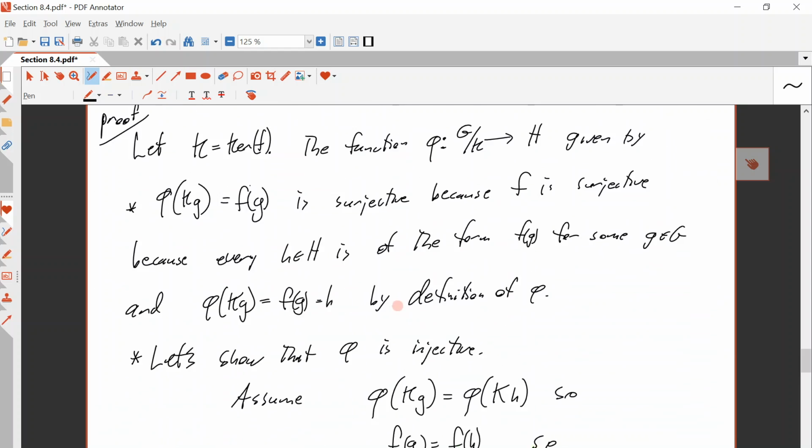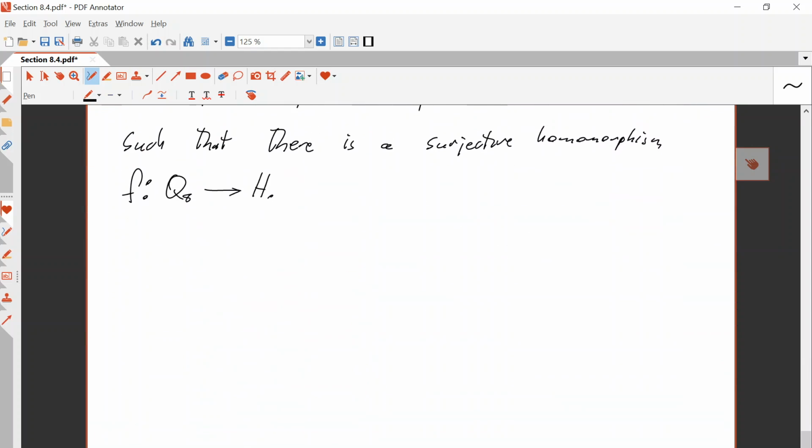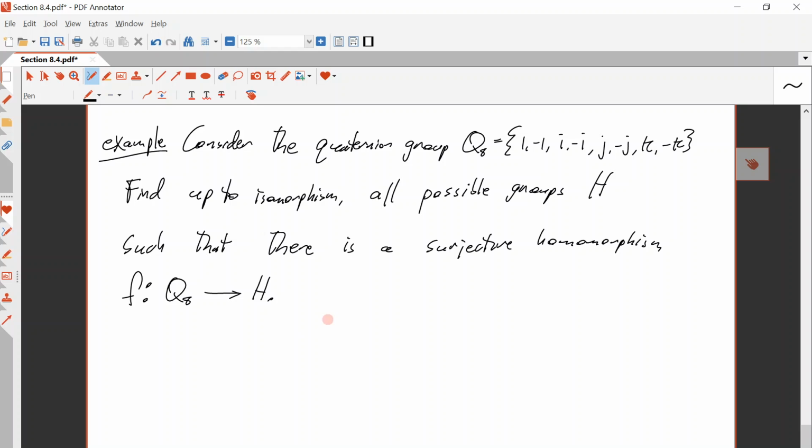Well, Q8 is pretty small, so there's not going to be too many possibilities there. Okay. Well, let's find all the normal subgroups of Q8.